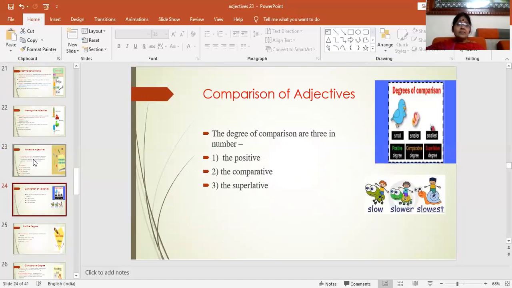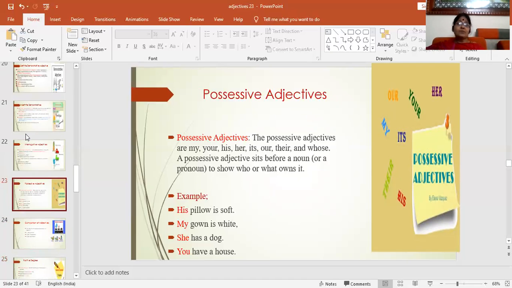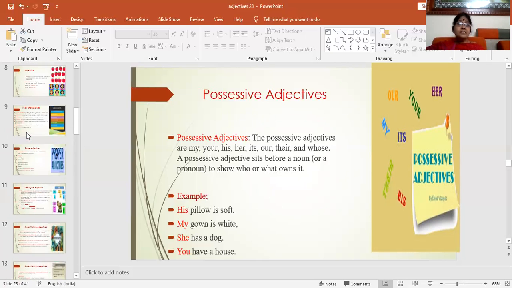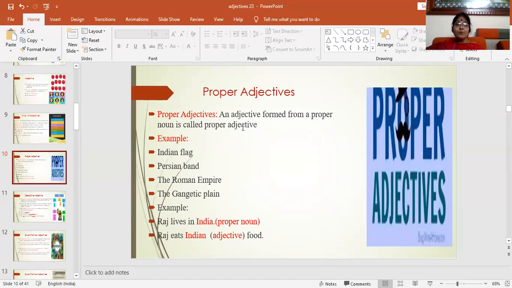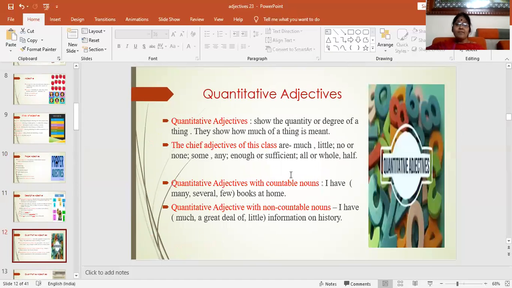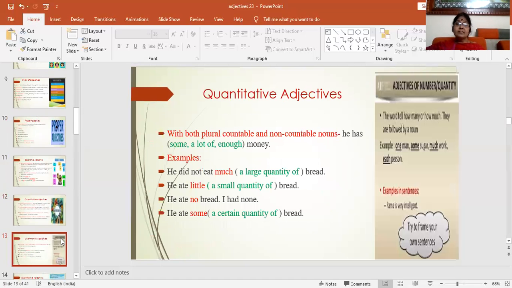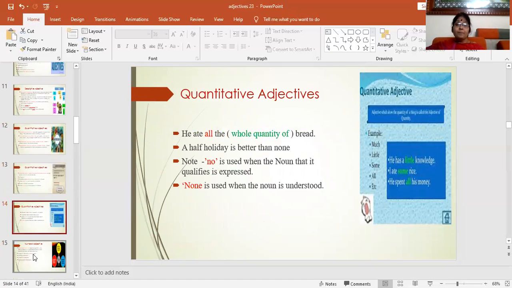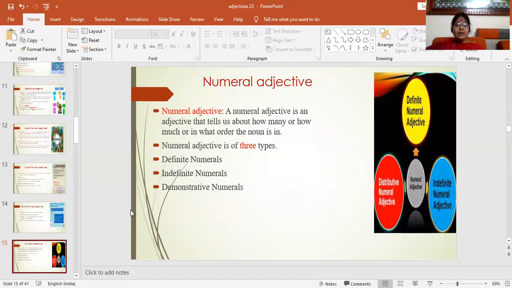So these are the different types of adjectives that we have learned. What are the different kinds of adjectives? Let us brush up. We have proper adjectives, descriptive adjectives, quantitative adjectives, then numerical adjectives, which are again divided into three: definite numerals, indefinite numerals, and demonstrative numerals.